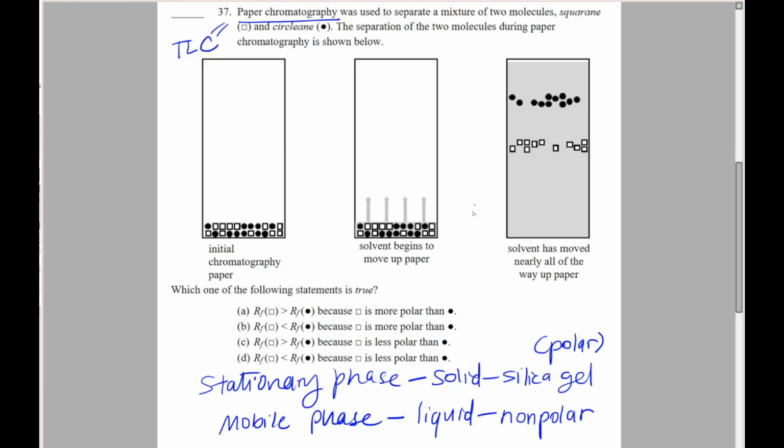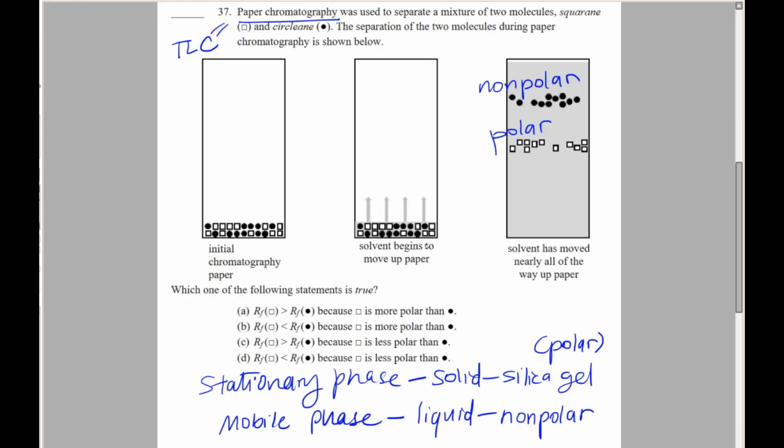And because our mobile phase is nonpolar, the more nonpolar molecules are going to move up further on the plate. So in this case, these circles are going to be more nonpolar, and these squares are going to be more polar. Because like substances mix with like substances. So a nonpolar mobile phase is going to mix in better with nonpolar compounds and take those further up the plate when time passes.